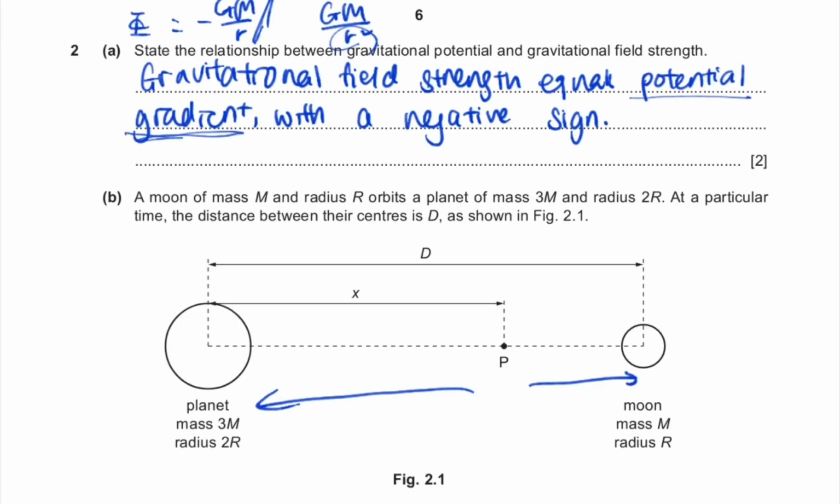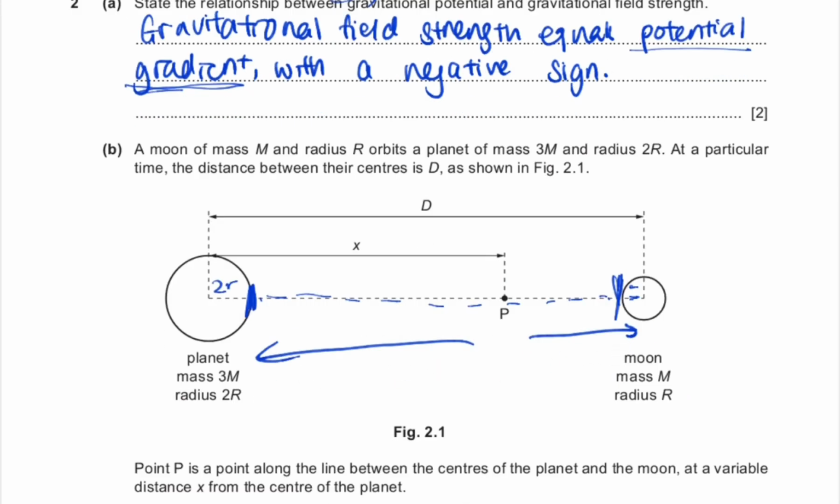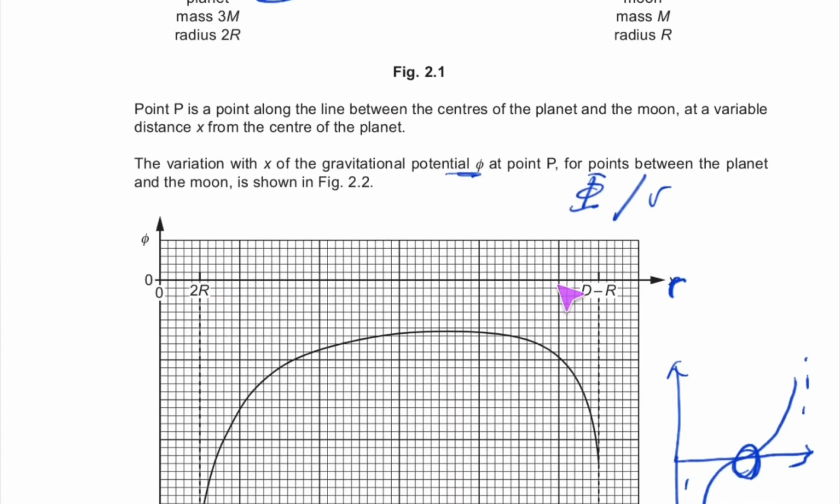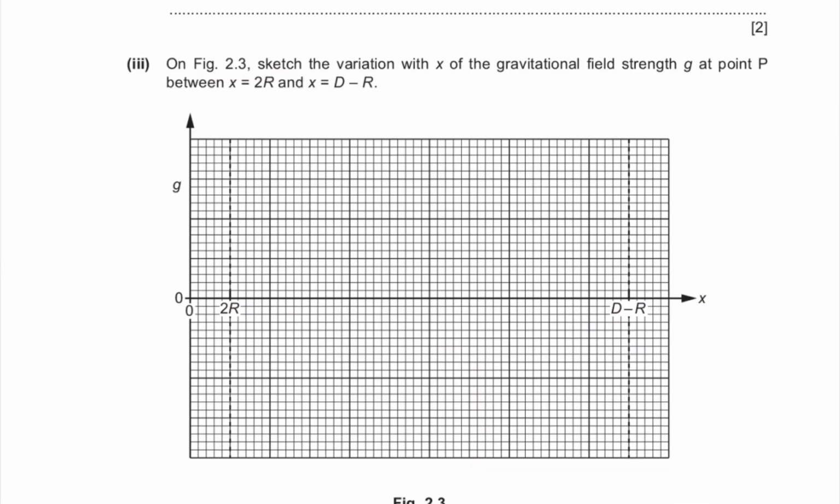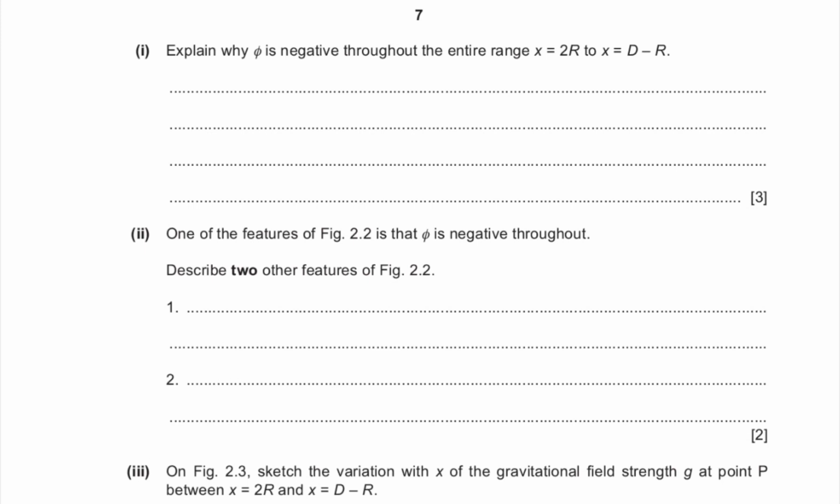By the way, x is 2r means this, because the radius is 2r. And then d minus r is over here. Obviously, this is r. So they're just telling us what's going on along the x-axis, if you can see that.